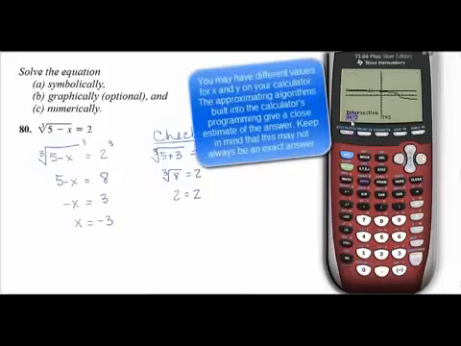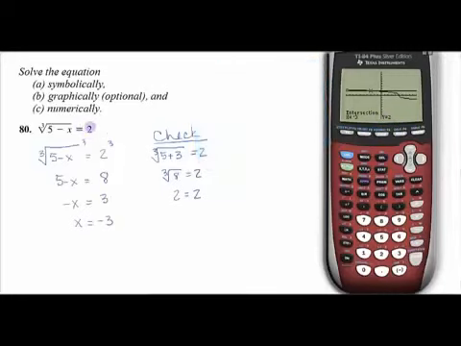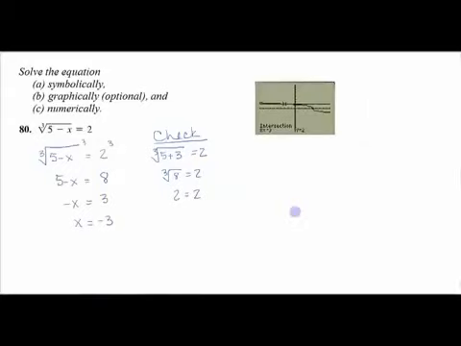It says the intersection is negative 3, 2. Of course we know that the y is 2 because we let y equal 2 on that second equation. This is our solution, the x equals negative 3. Now you can solve this by hand just as well as you can solve this graphically.